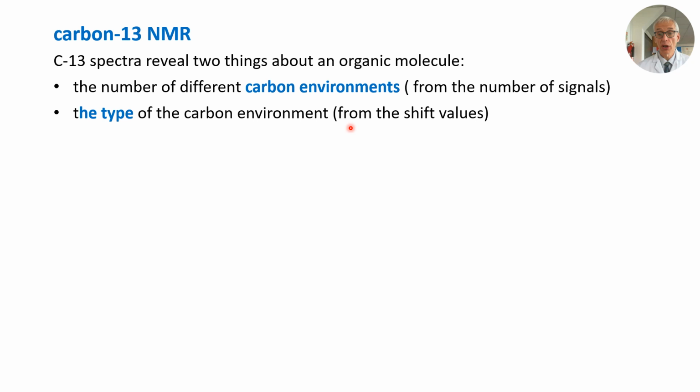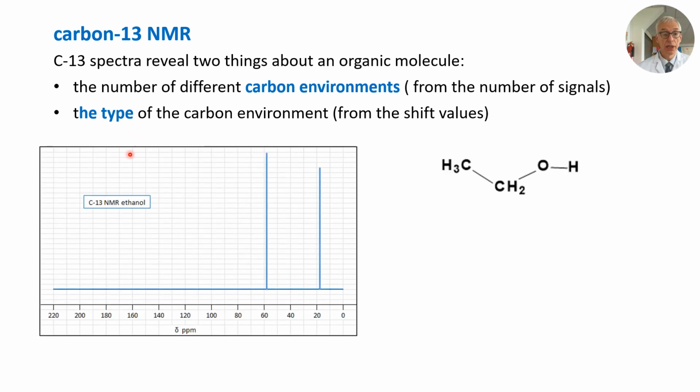And we can also, from the shift values, determine the type of the carbon environment. So let's look at an example, ethanol. Here is the carbon-13 spectrum for ethanol. Here is the molecule ethanol. We've got two carbon environments, two signals, two peaks.